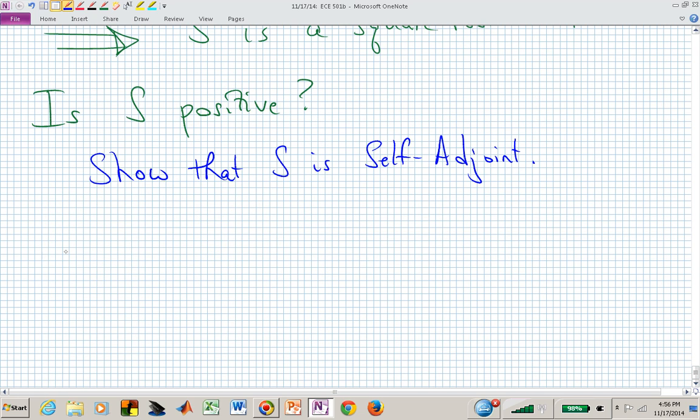Well, we know that S, we defined that to be, or we created it. Can I use this shorthand notation? Lambda to the 1/2. That's my diagonal matrix, my lambda matrix with these square roots all along the diagonal. That's E lambda to the 1/2 E to the minus 1. But I know that E inverse, because it's made up of these orthonormal eigenvectors, is equal to its transpose.